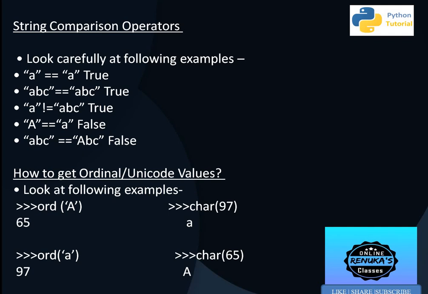Those Unicode or ASCII values you can see with the help of ord. If you write ord and in the brackets write the character, it will return its Unicode or ASCII value. And opposite to that, if you give any number or Unicode value as a parameter to chr, then you can see the respective character or symbol. So that is how ordinal values or Unicode values can be seen.